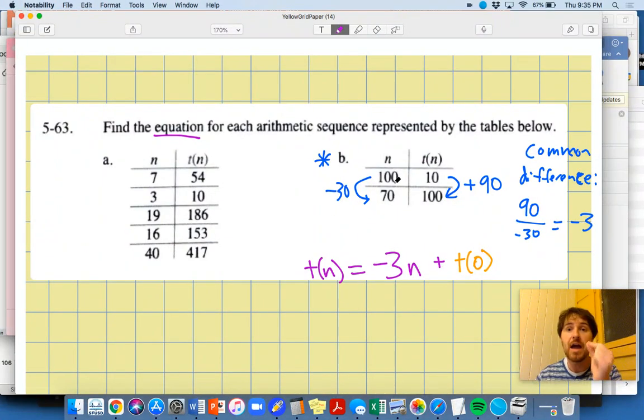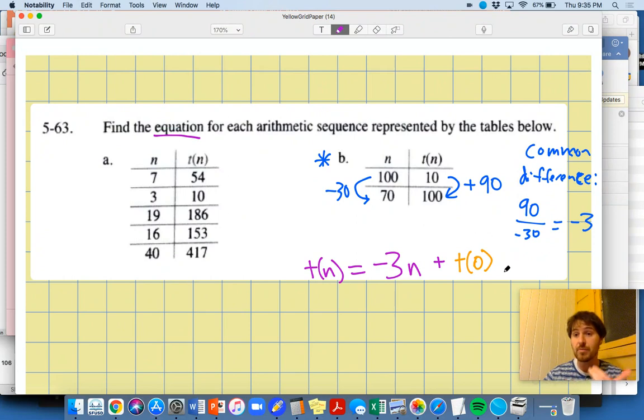So if I wanted to use this as an equation, I would do -3 times 100, the term number, the input, and that would be -300. But my output here is definitely not -300. It's 10.